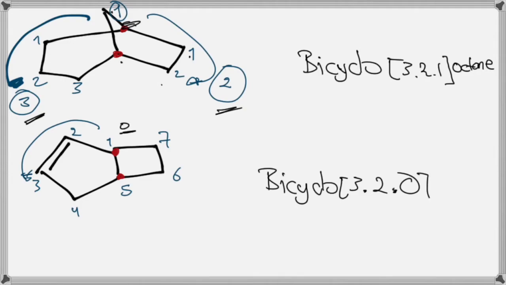So we're going to have it here, and now as we have a double bond right here, it's going to be hept-2-ene, since the double bond is at carbon number 2.